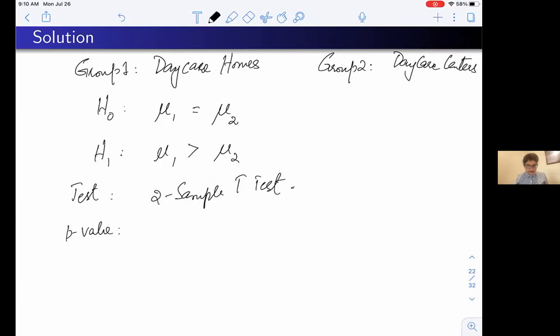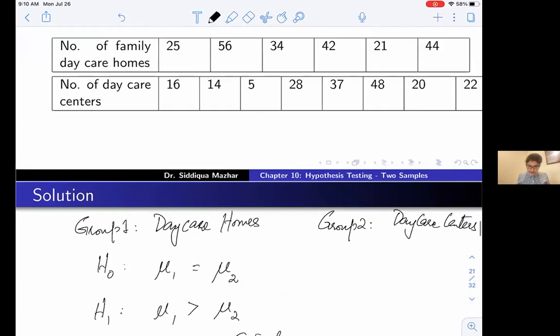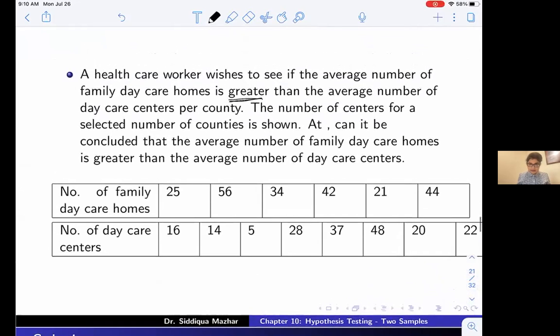Once you calculate, my p-value is given to me, which is 0.0456. So what is your alpha in this case? I think I missed the value of alpha here.